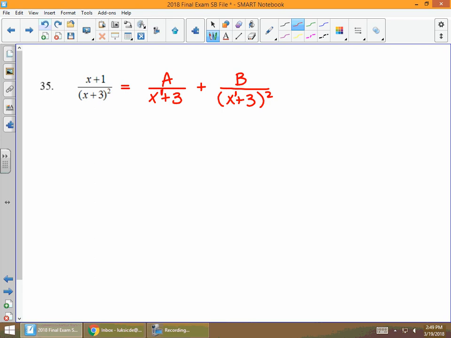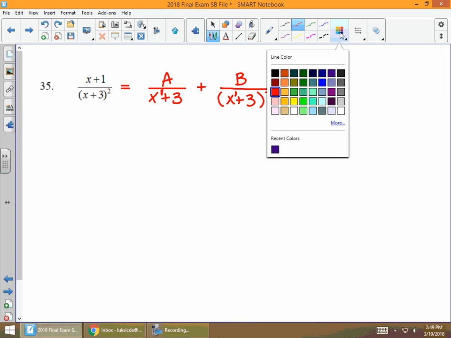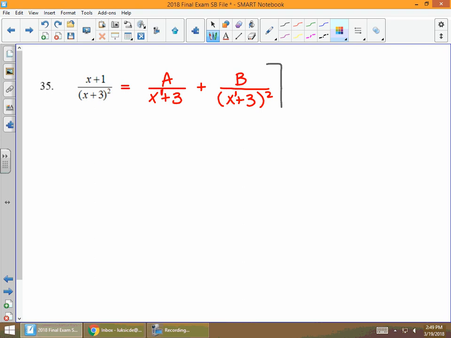Now these are going to work just like the last problem. The first thing we're going to do is clear our fraction. So we're going to multiply by x plus 3 squared. When I multiply on the left side, I'm just left with the x plus 1.